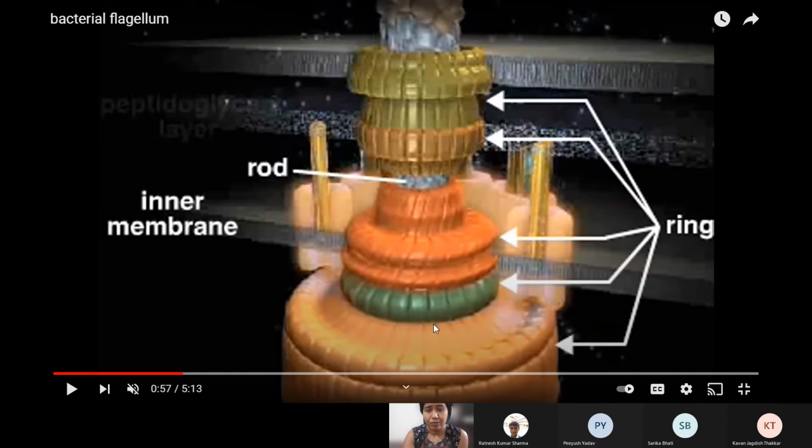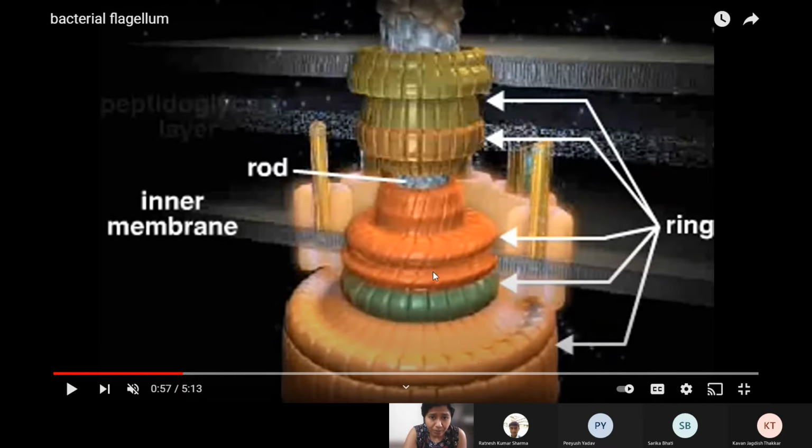You have, of course, you do not have to be told that these are rings because you can see that these are ring-like structures. You see that there are some rings that embed the whole structure inside the inner membrane. And you see there are rings that are actually present inside the cytoplasm, so present on the cytoplasmic base.